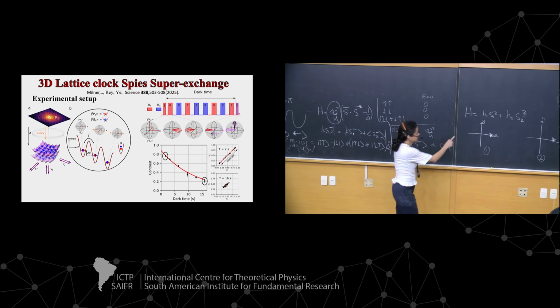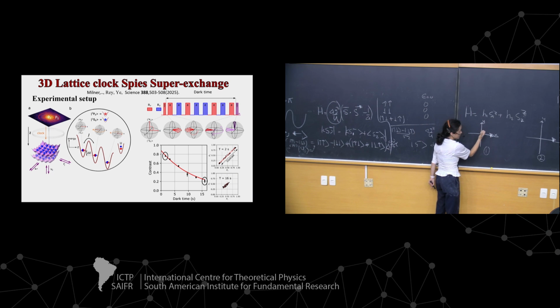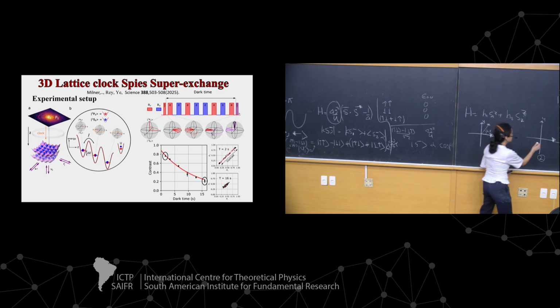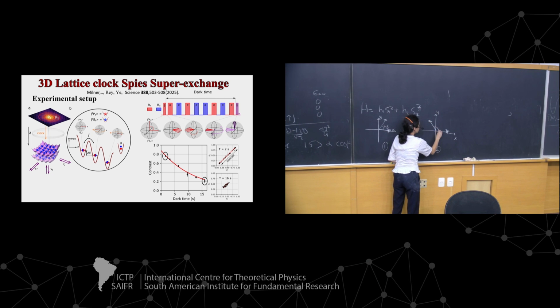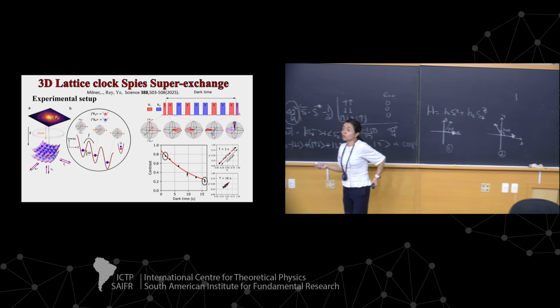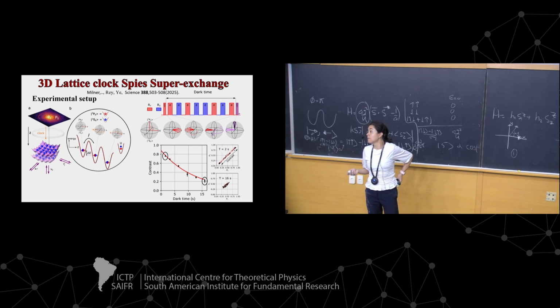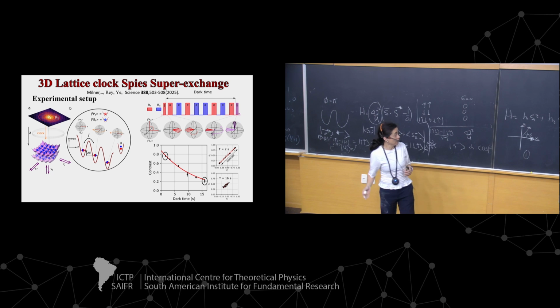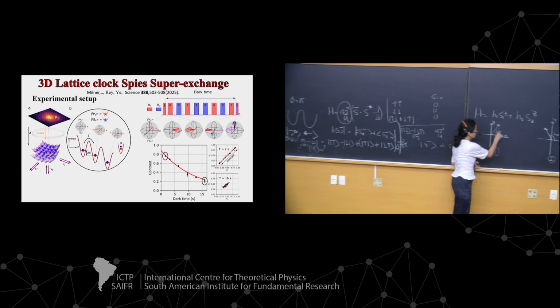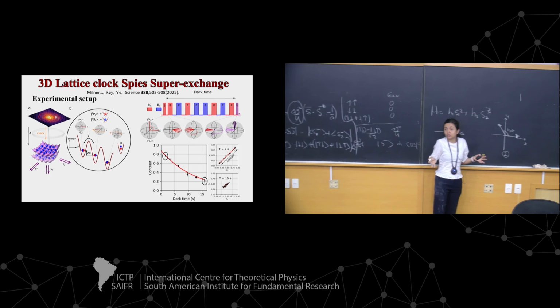This one is going to acquire a phase, because the rotation axis is along the Z direction. So my spin is going to precess, and I accumulate a phase H1t. The other particle, because it has a different precession rate, is going to go to H2t. Then the collective spin along the Sx plus Sy direction is going to be reduced because they're pointing along different directions. So it's going to introduce dephasing.